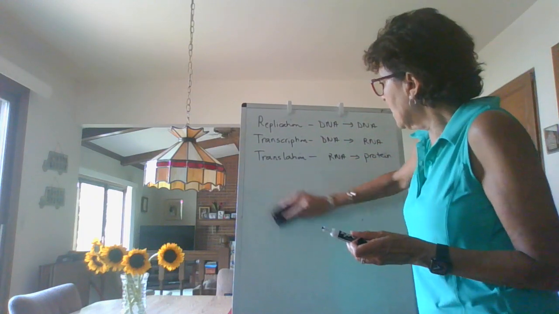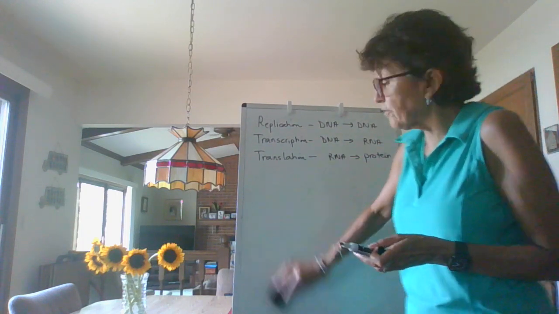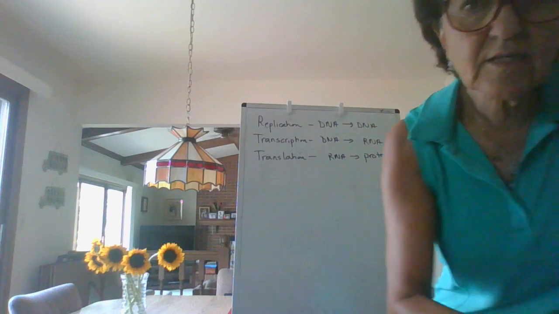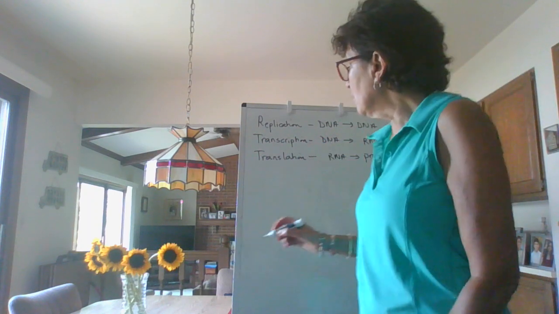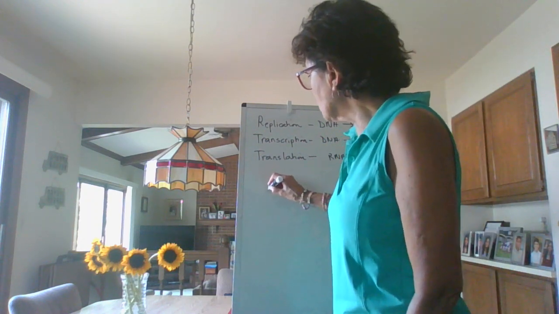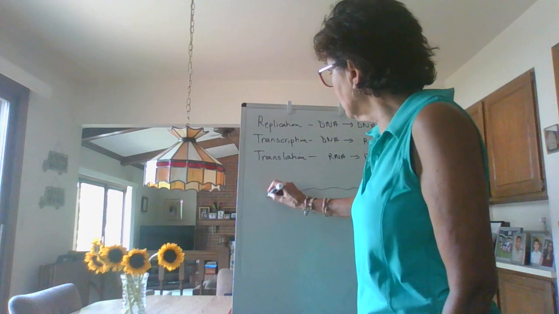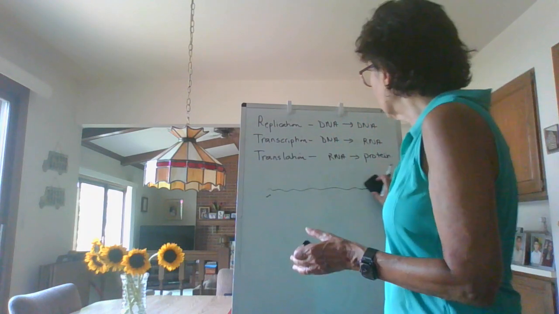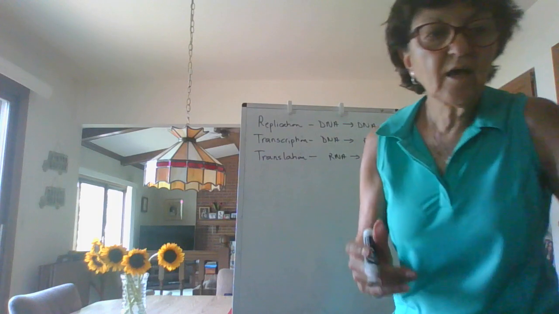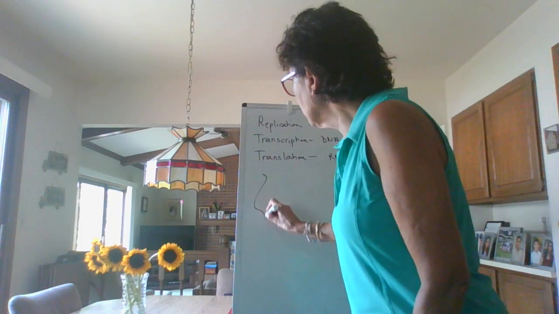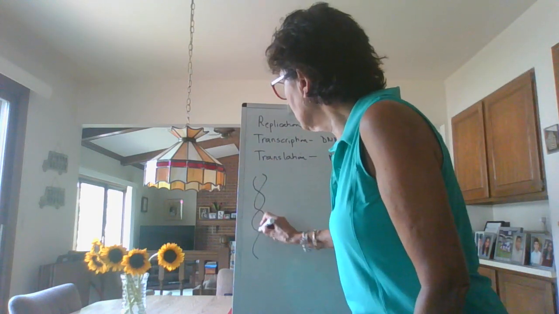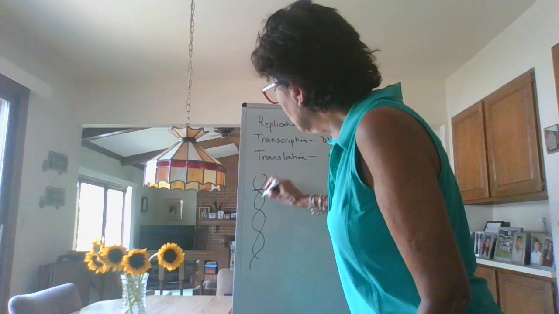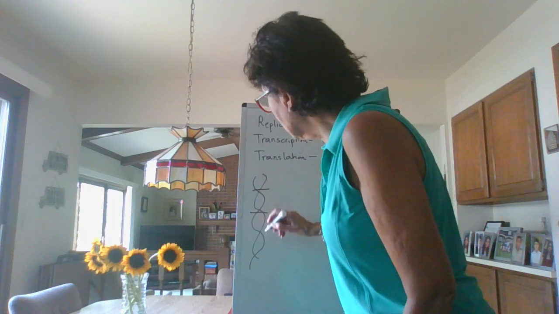Okay, now, first step, and we're going to go through the whole process in more detail in the next video. You're going to have a double-stranded DNA. It doesn't have to be wiggly. Let's just say we have this double helix here.